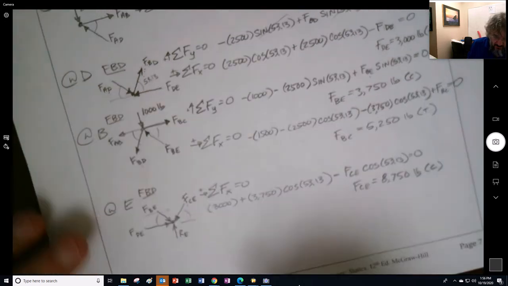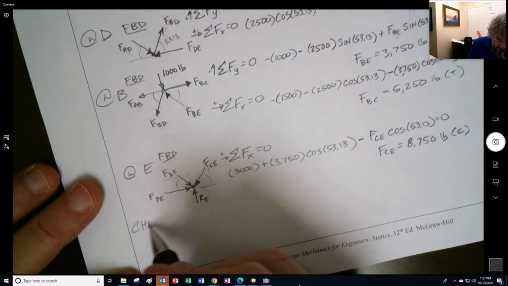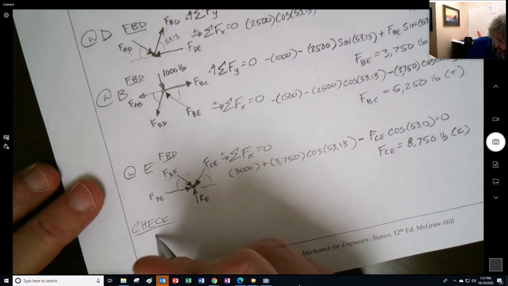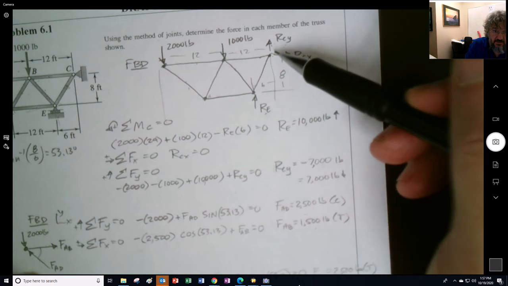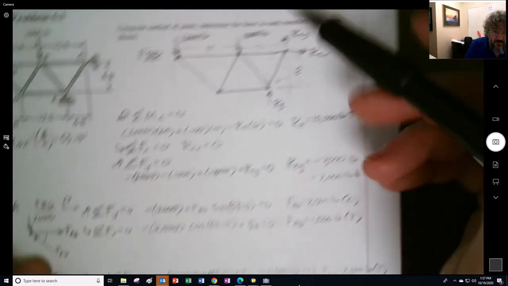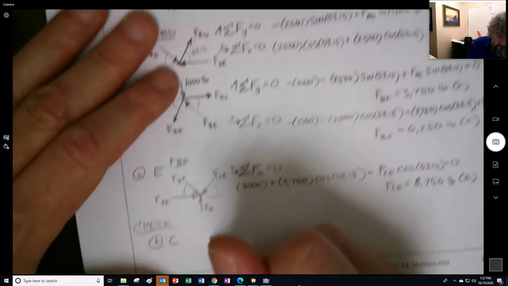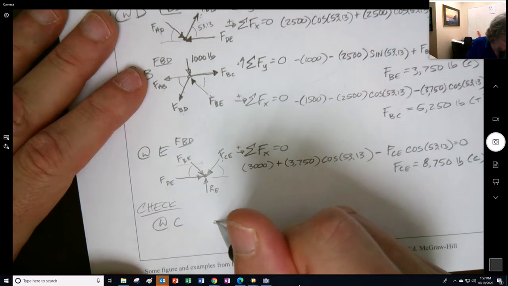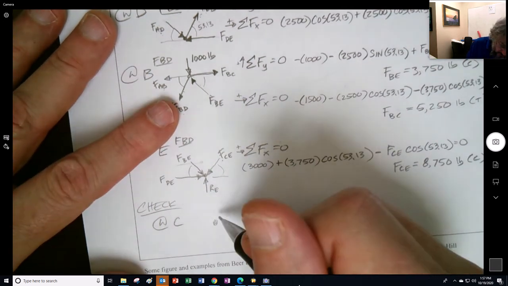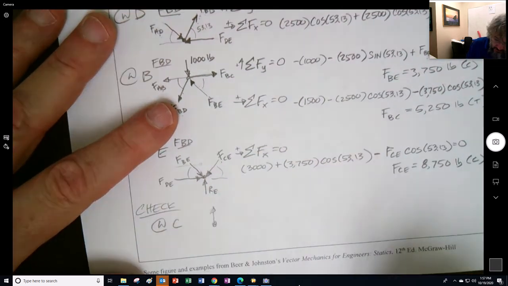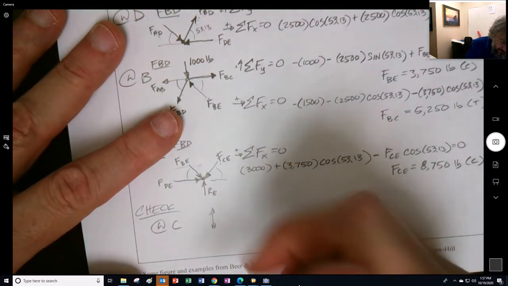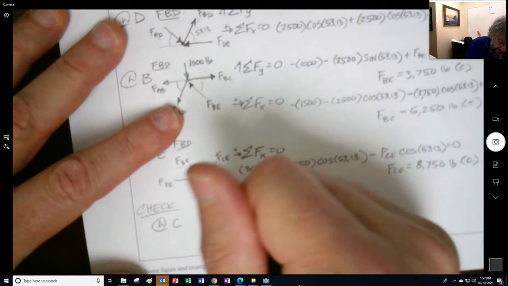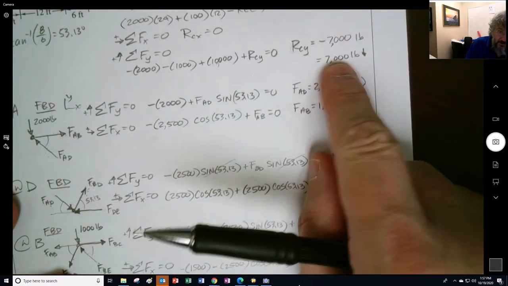So we've actually found all of them, but we want to maybe check at C, right? So coming back up at C, we'll see that we had a reaction that went upwards, right? Of R, well, take it back, went down. Remember that RC was down, right?